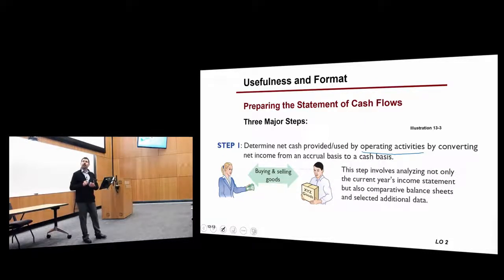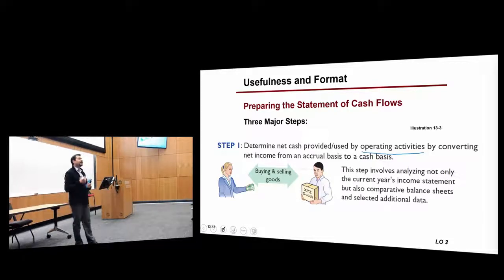You analyze the company's balance sheets to see the differences in certain accounts, mostly non-cash current assets, like for example, accounts receivable, accounts payable. You look at accumulated depreciation sometimes. So you look at all these accounts because remember, those will also reflect some expenses.